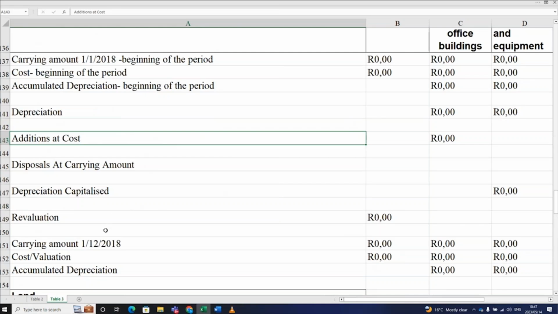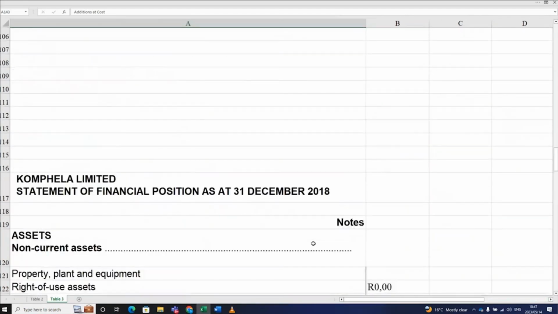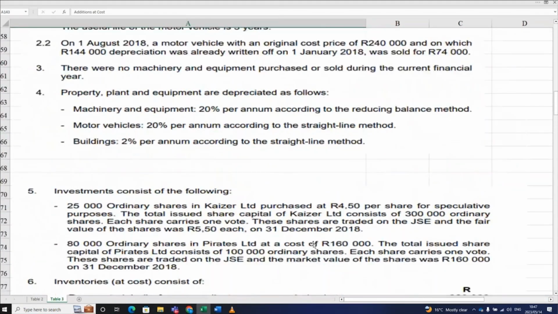And in the end, you've got your carrying amount, which consists of the cost or the valuation date value, less accumulated depreciation, which includes depreciation of the current year. So you want to have that structure ready so that it's easy to work through, right?